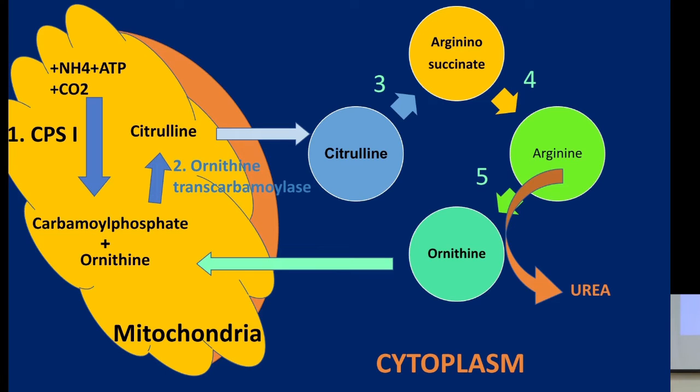We're going to go through all of these steps in a minute in a little more detail, but I want you to remember where you start and the steps, the different enzymes. I also want you to know the sources of the nitrogens. The first nitrogen comes in the form of ammonia, most likely from the glutamate dehydrogenase reaction.